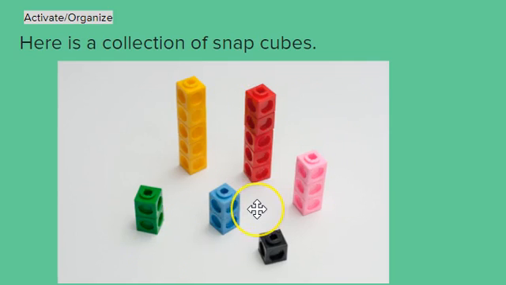So I've got some snap cubes here, and I want you to choose 2 of the colors, and I want you to draw a diagram that represents them in your notebook. So let's say I was going to do these red cubes to the pink cubes. So I've got 1, 2, 3, 4, 5.